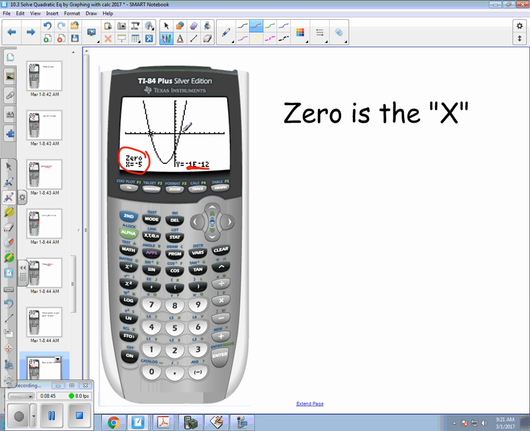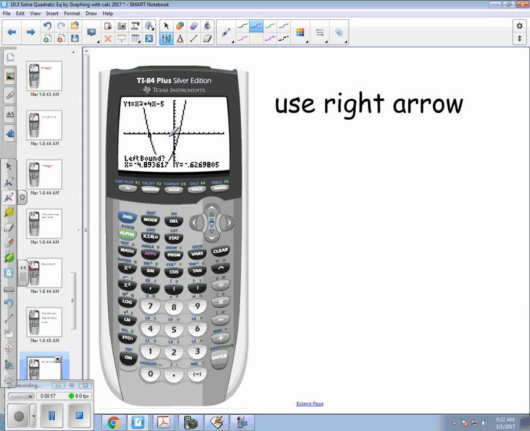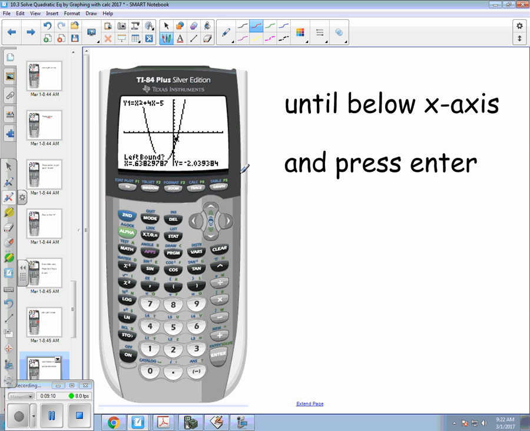We need to find our other x-intercept, so in order to find that, press second, trace, and then 2 for the 0, and that gets you to the screen again. This time we're going to use our right arrow so that we can move this blinky light over in this direction so that we're just below the x-axis.